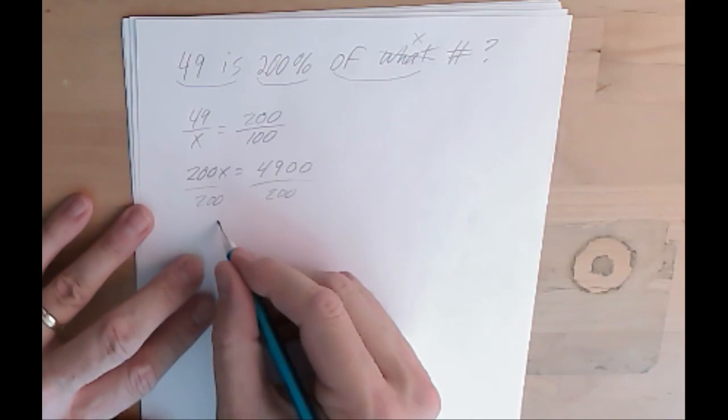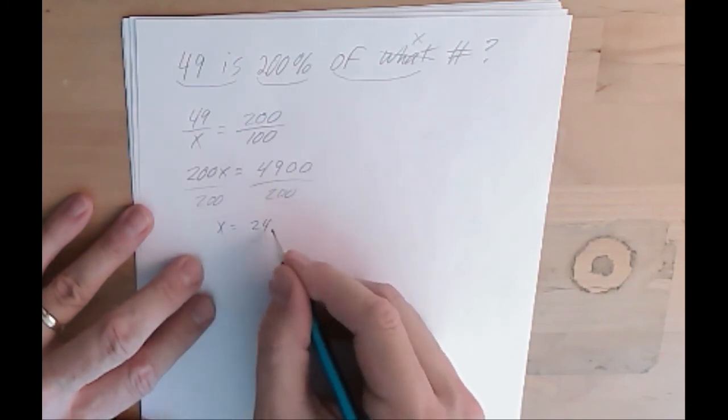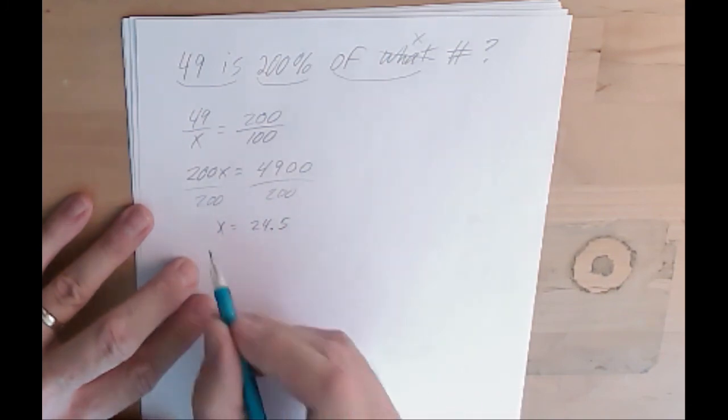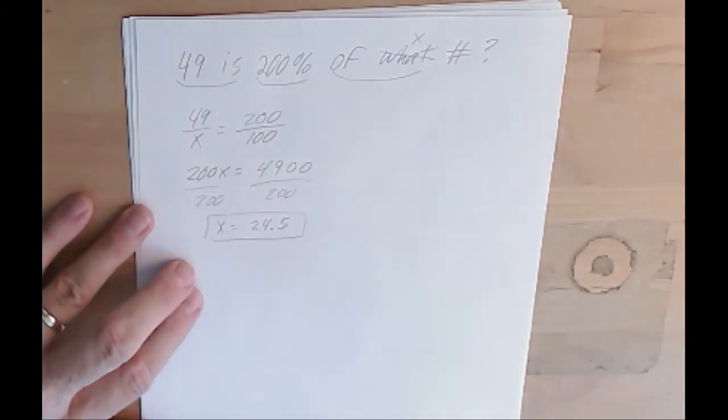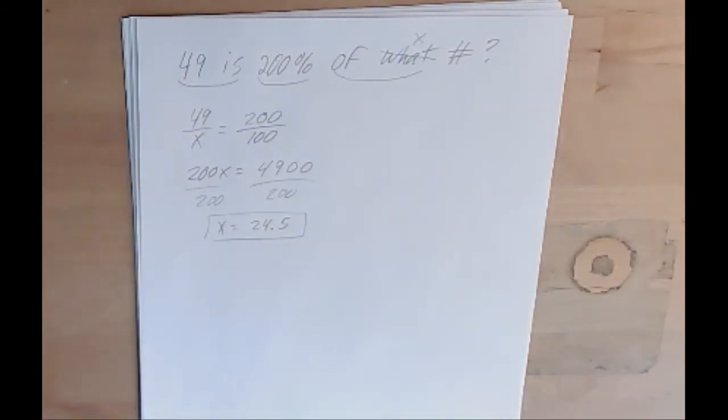We get 49 over 2, which is 24.5. On these percent problems, you're probably better off with a quick decimal answer like that than writing 49 over 2. Okay, does that make sense? Groovy.